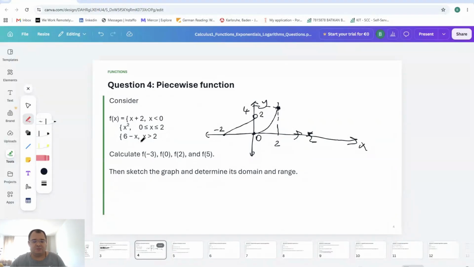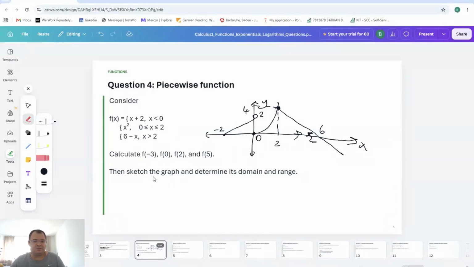When you give 6 as a value, it is giving you a y value of 0. So that's why it is intersecting with the x-axis at the value of 6. So that is essentially our graph.